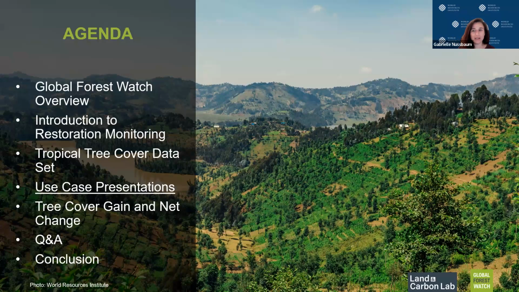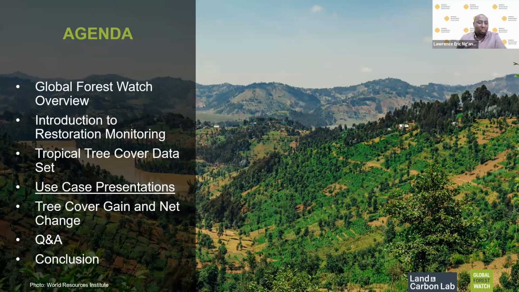I would like to introduce our colleague out of WRI Africa, Eric Lawrence Nyanga, which is not easy to pronounce, but hopefully I did okay. He works on restoration monitoring for AFR100, which is a country-led effort to bring 100 million hectares of land in Africa into restoration by 2030. So Eric, it's all yours.